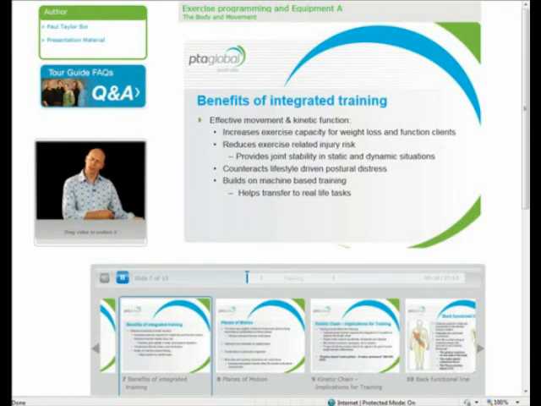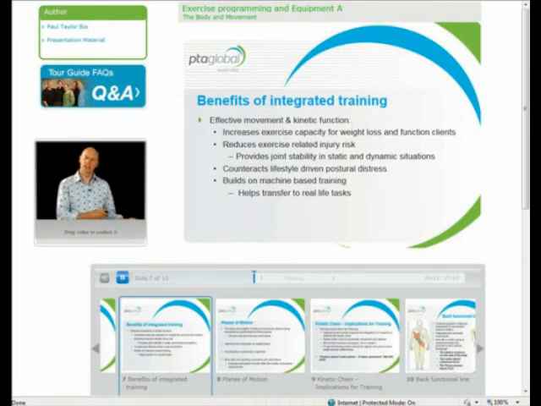Now, generally speaking, you would say that using whole body integrated exercises, so long as the range of motion and the complexity and the speed of the movement is under control, you would suggest that they would probably give you a better scope for reducing the risk of injury. So producing force or coping with forces and spreading that load over a large amount of segments and joints probably reduces collectively the risk of injury, so long as, like I said before, the range of motion and the speed and the forces that you're dealing with are all kept in check.